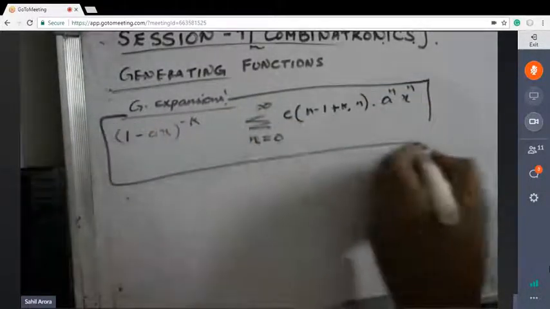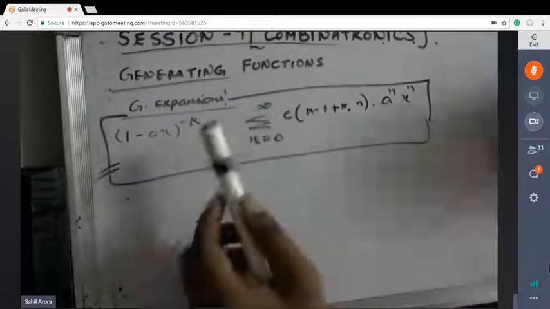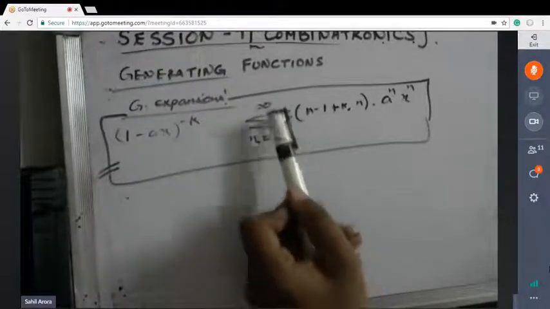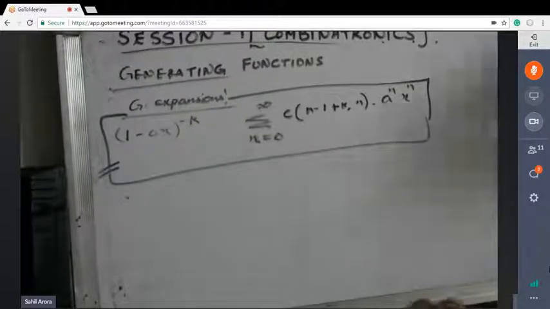So it is very important to know that in order to expand (1 minus ax) whole power minus k, it is nothing but summation going from 0 to infinity C(n minus 1 plus k, n) a^n x^n. Right?